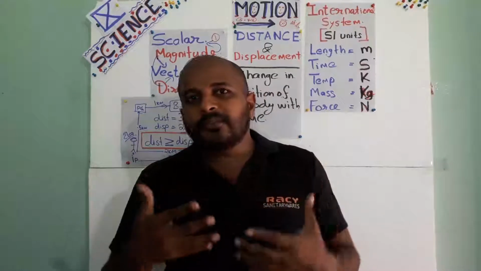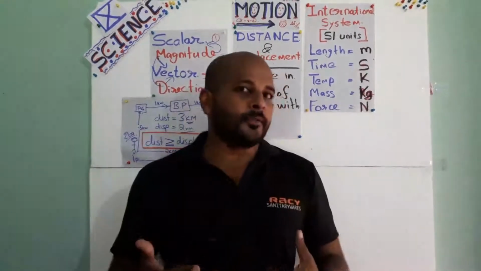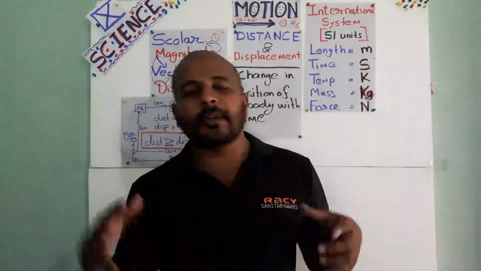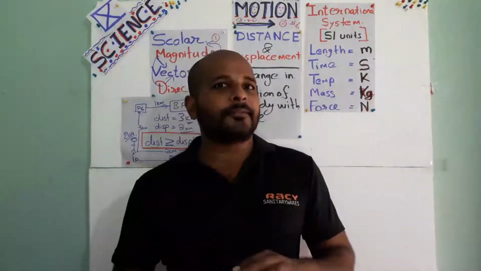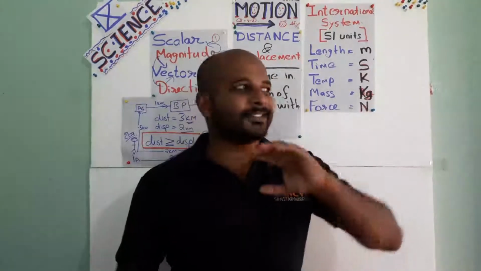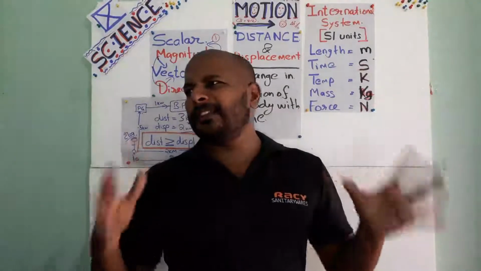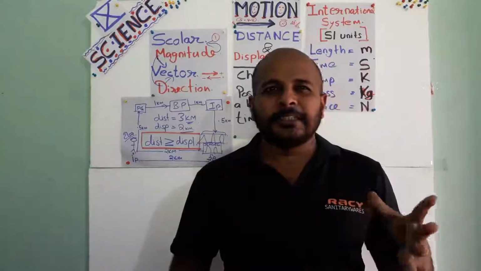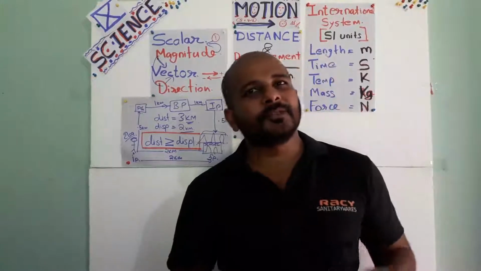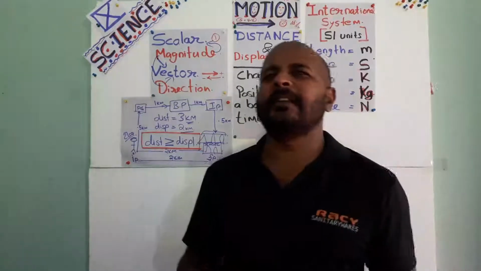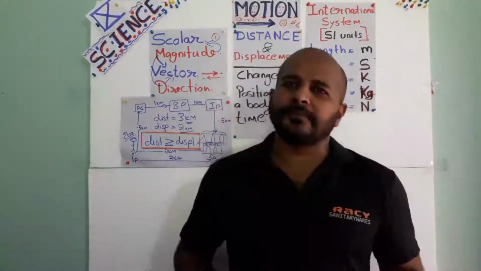Whatever you study in the textbook or in classes, try to compare it with your daily life. Once that interest and passion comes, it won't be difficult for you to spend time on science. It will be very easy, and science will be the most beautiful subject for you.